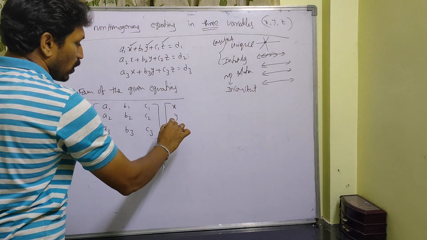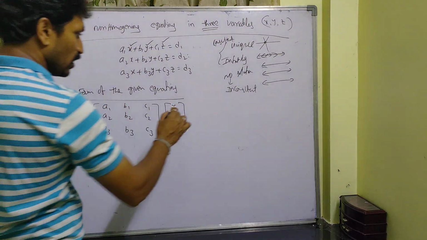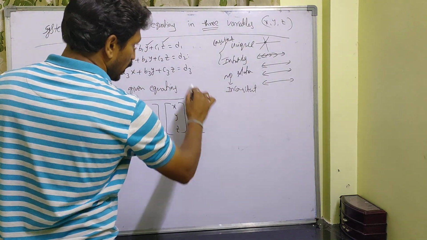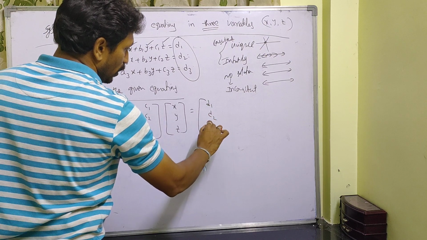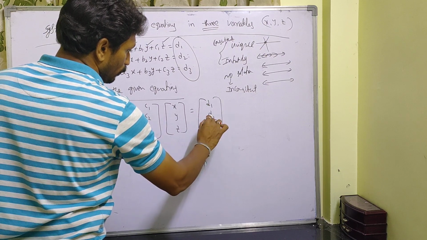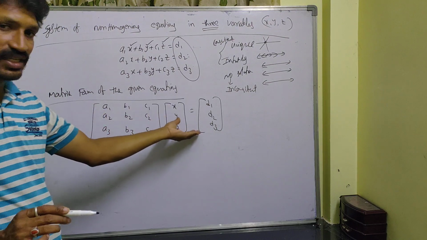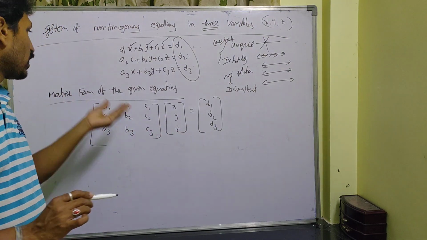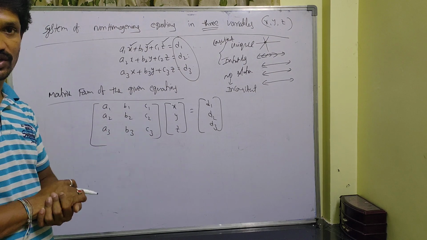So the variables we should write in a column. This is the column matrix. Is equal to, we have to write these constants d1 d2 d3. Writing like this is called the matrix form of the given equations.